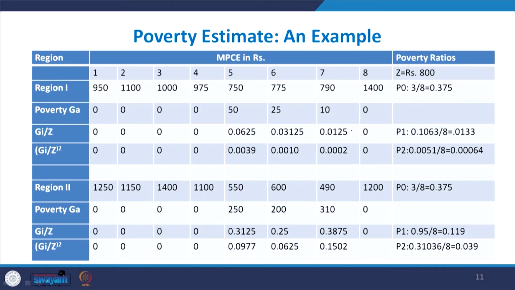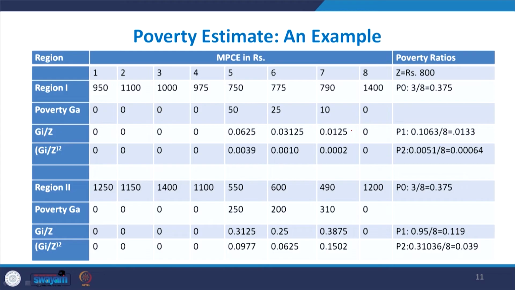Similarly, in region second there are 3 households which have monthly per capita consumption expenditure below 800, and they are household numbers 5, 6 and 7. So, again 3 by 8 equal to 0.375 is the head count ratio, or 37.5% of households are below the poverty line in region second.